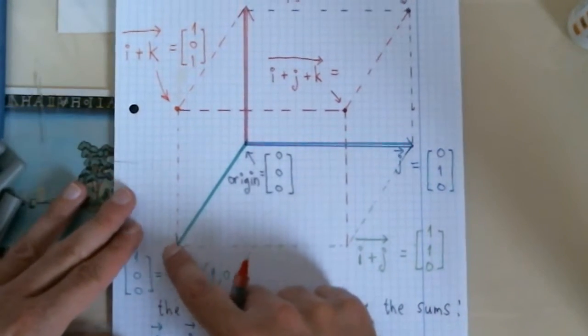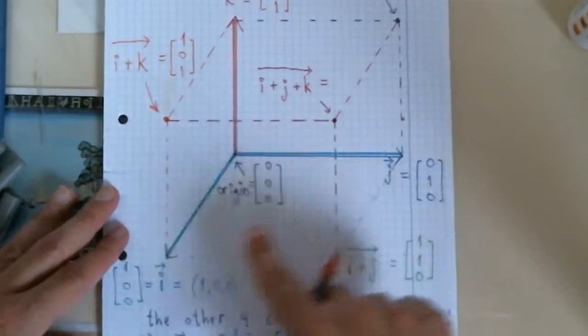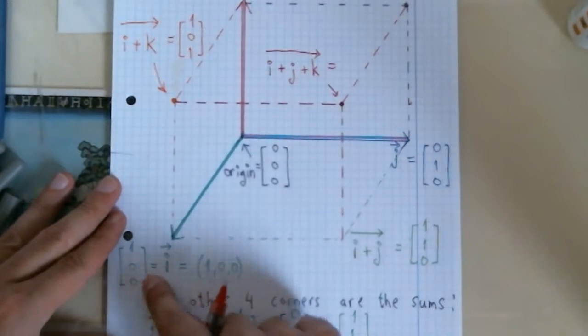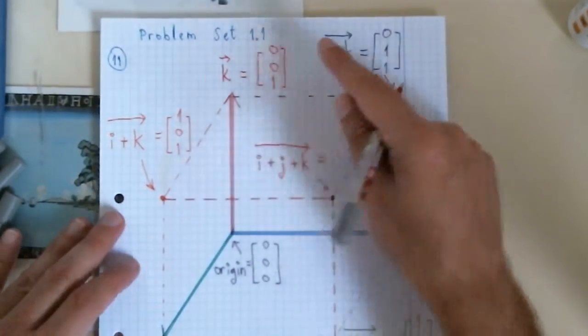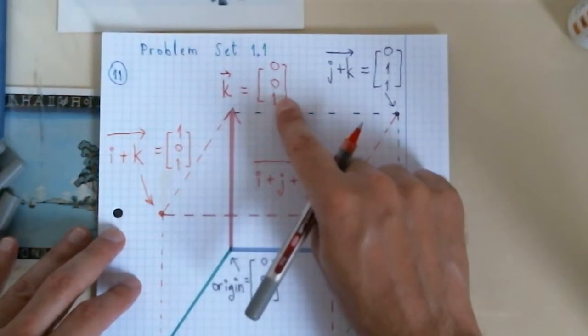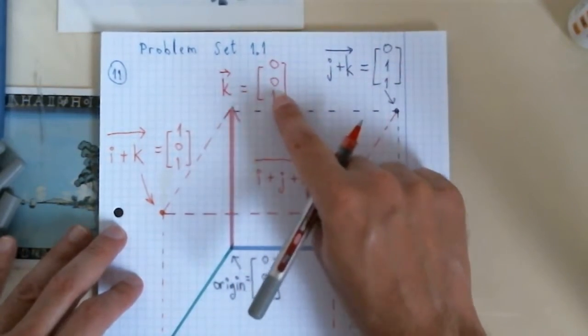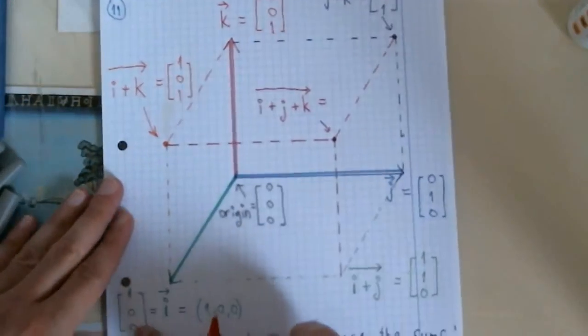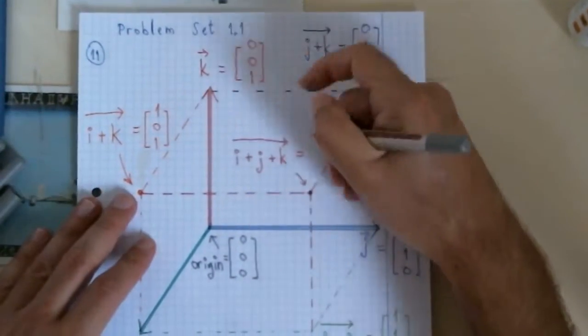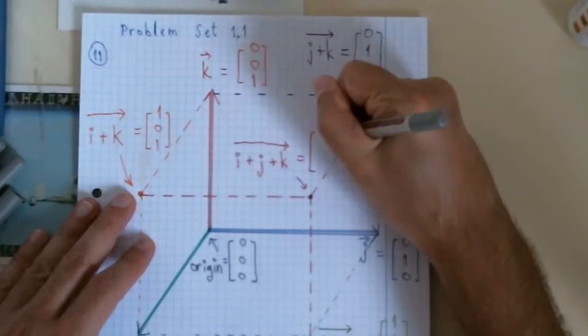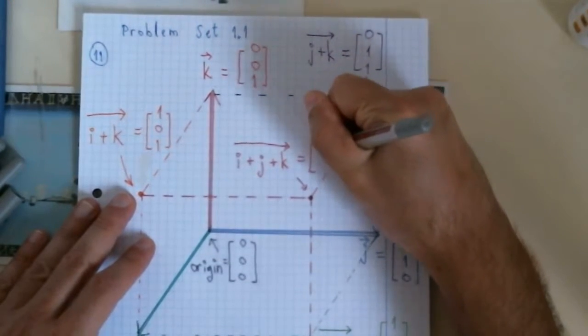And the second component would be contributed by j because I is 0 in the second component and also k is 0. Then the third component would also be 1 because k contributes the 1 and I and j give 0 in the third component. So I plus j plus k gives us 1, 1, 1.